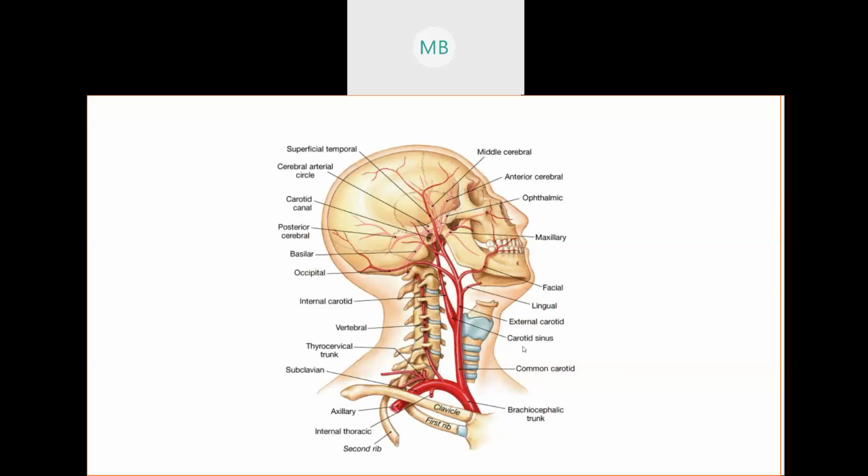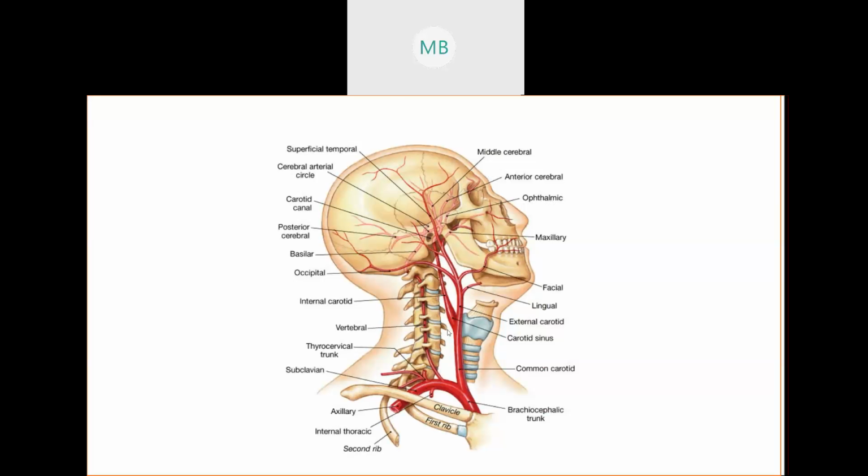And you have a left and a right common carotid, a left and a right external carotid, and internal carotid. That means you have a left and a right maxillary and facial arteries because both of your cheeks need to get food. Both of your eyeballs need to get their blood supply, so you have a left and a right ophthalmic artery, all that kind of good stuff.